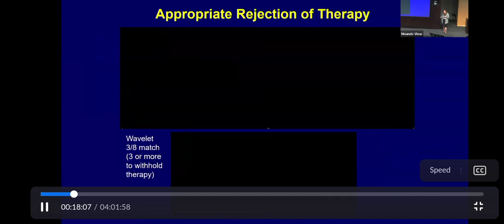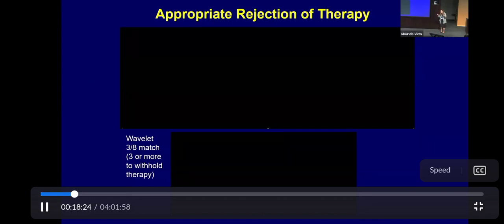And this one, I don't know why that happened, but this was supposed to show you the templates: what the device sees as the template of the current rhythm compared to what the stored template was. So you're comparing the current intracardiac electrogram appearance to that in sinus rhythm, and if it matches, it'll withhold therapy. This was an example of SVT.